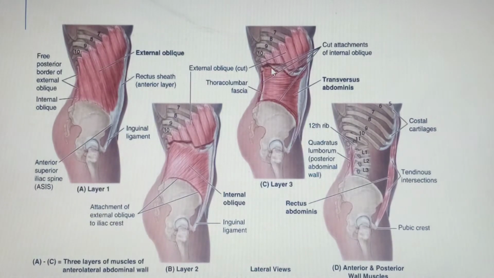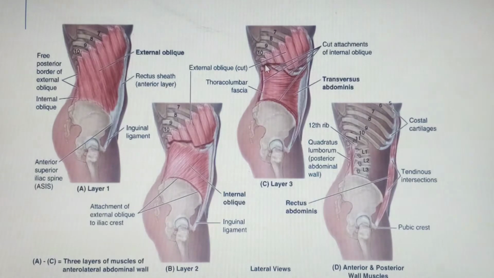Now, origin for transversus abdominis. So this time around is going to be the internal aspects. Remember, because this is the innermost trilaminar muscle, it will be the internal aspect of rib 7 to 12. This time around, they are costal cartilages. Please get to know that this time around they are costal cartilages of rib 7 to 12, originating from this area.